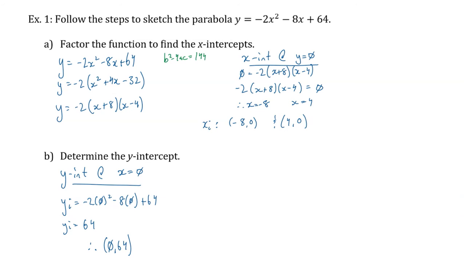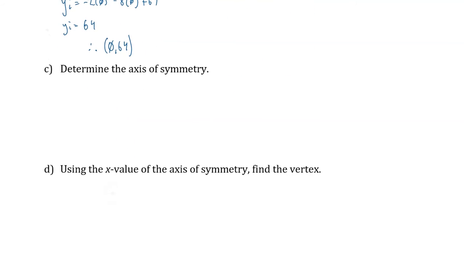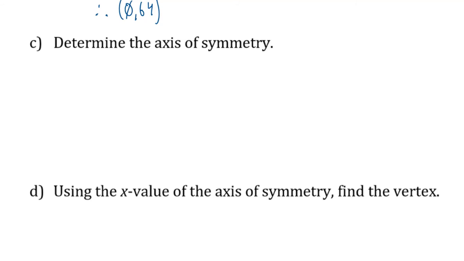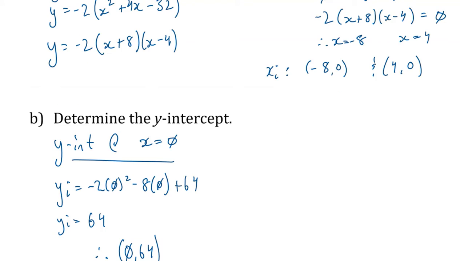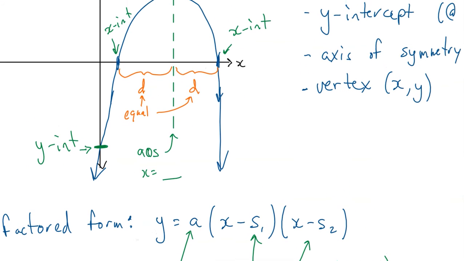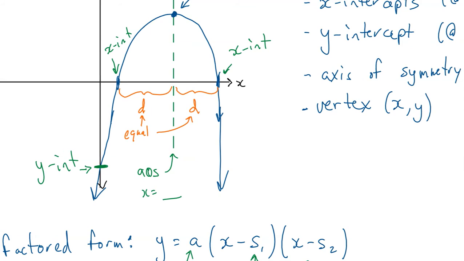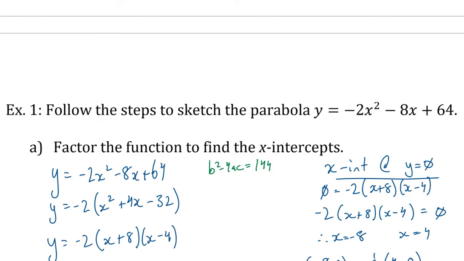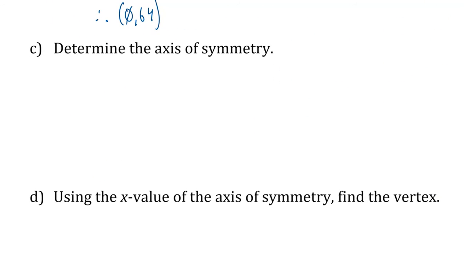Still good? Step 1, x-intercept. Step 2, y-intercept. Step 3, determine the axis of symmetry. This goes back to this diagram. The axis of symmetry is in the middle of the two x-intercepts. It's equal distance from the two x-intercepts. How do I find the middle of two numbers?